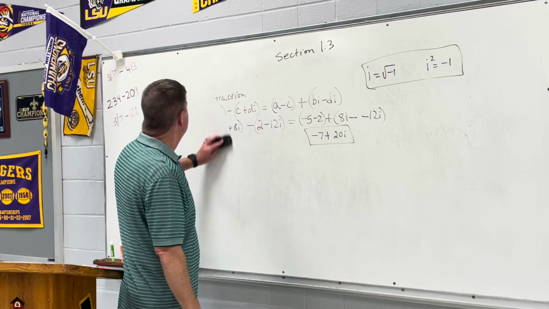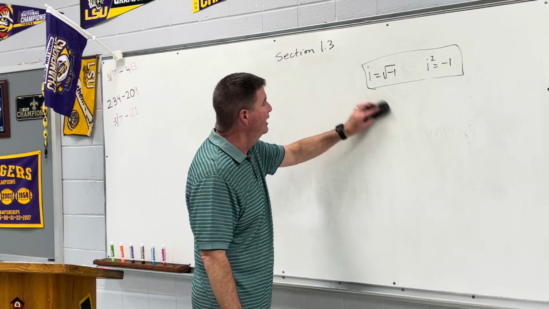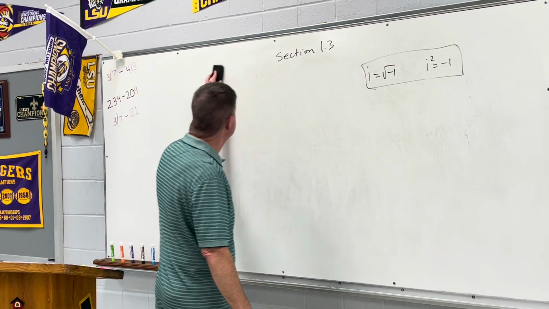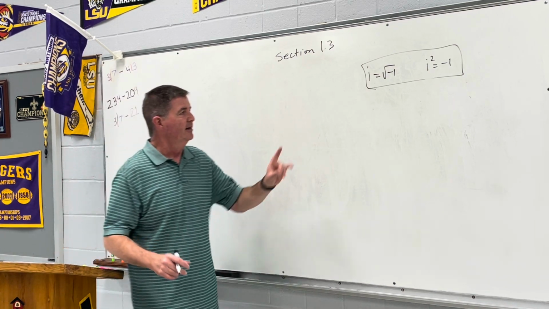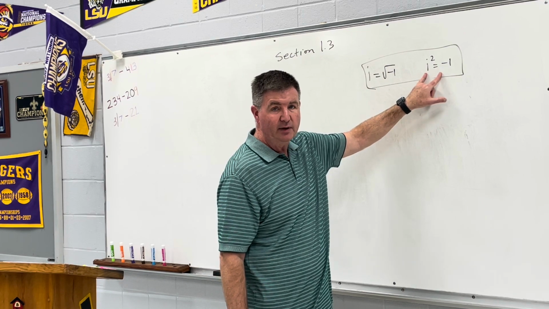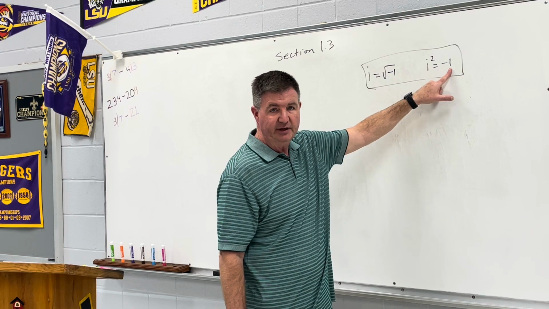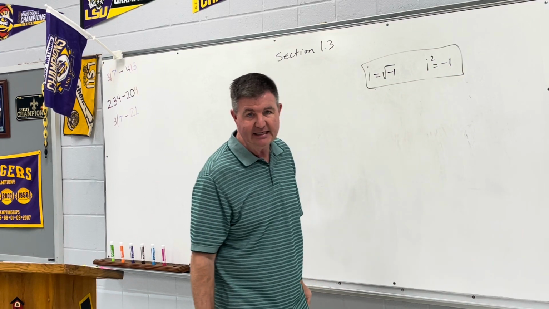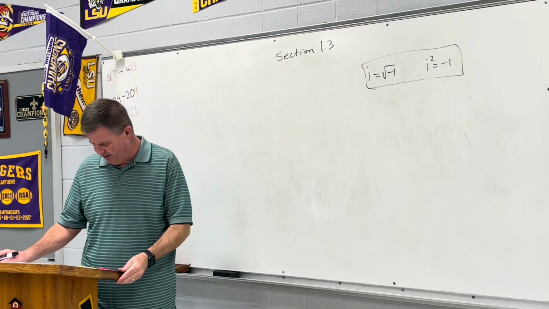Another thing that we're going to have to do is multiply the imaginary numbers. And in multiplying, this here is the biggie. Whenever we have an i squared, we need to turn it to negative 1. Whenever we come across an i squared, we've got to turn it to negative 1. It starts out just like it would in regular old algebra.